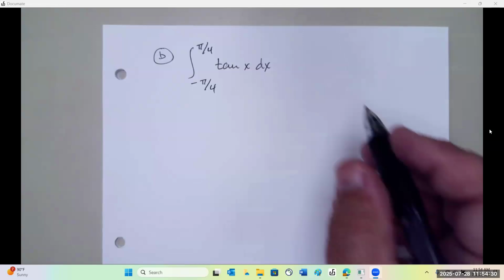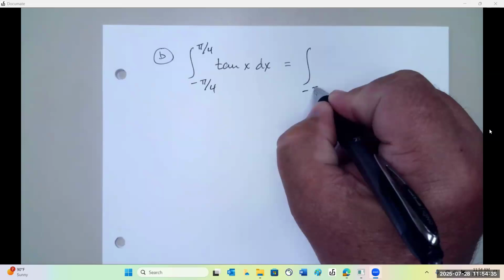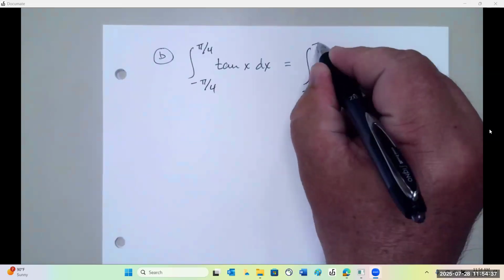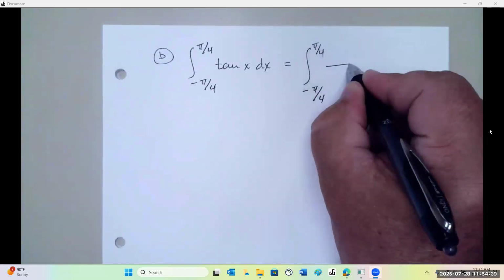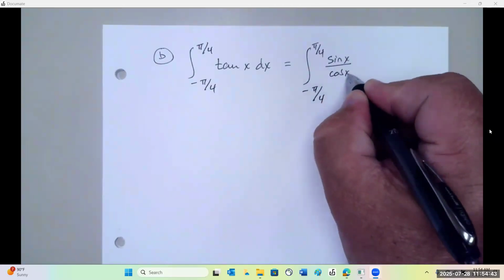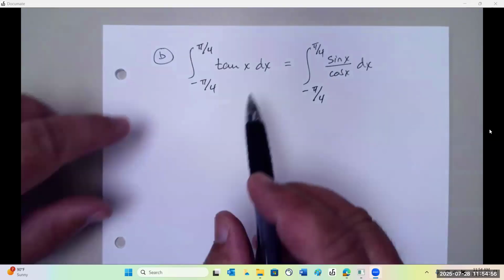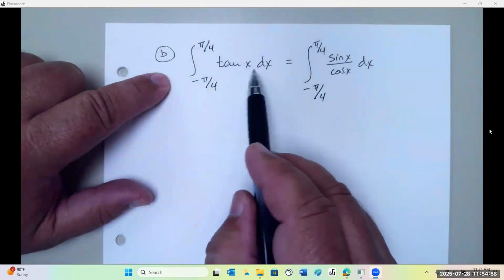We could try to use a chart, but remember, I said it's a lot easier whenever you have tangent and cotangent to convert them to sine and cosine. Sine x over cosine x dx. Because this way, if you use your chart you just jump straight to the answer, but we're deriving it. Remember, we're using what method here? Substitution. We can't use substitution if we only have one function.